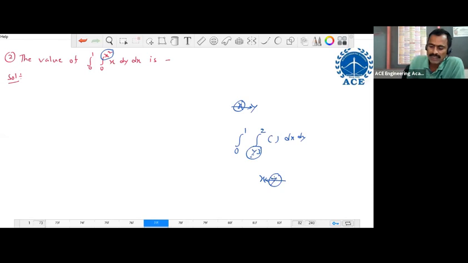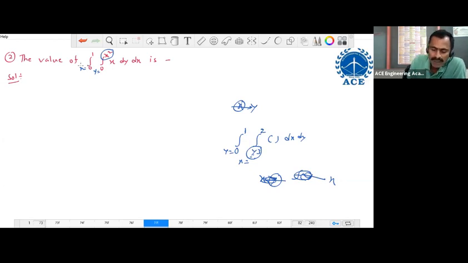If a function of x is given, these limits are for variable y. If a function of y is given, then these limits are for variable x only. Like that, here the variable limit is a function of x, so these limits are for variable y, and the other integral is with x. We can choose like this.